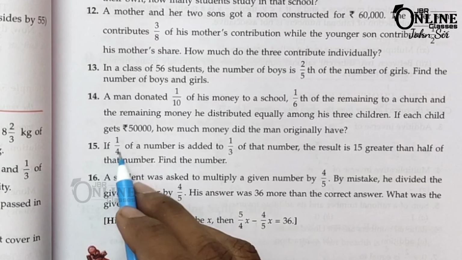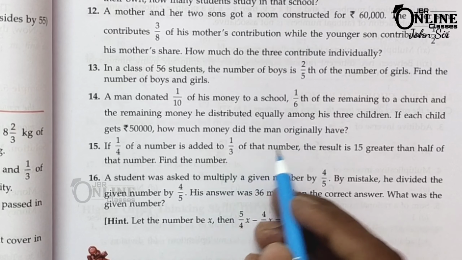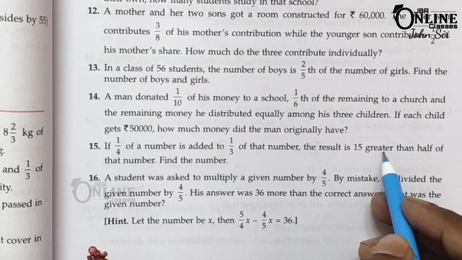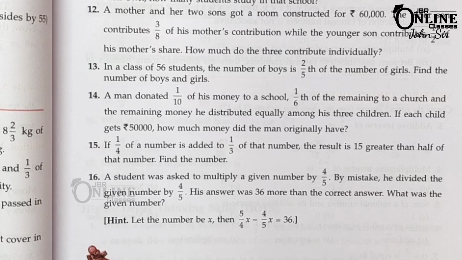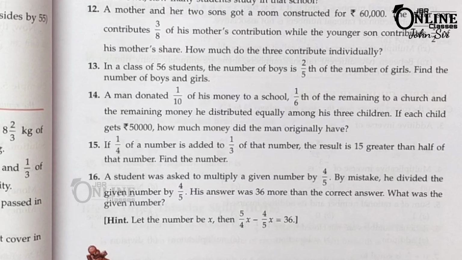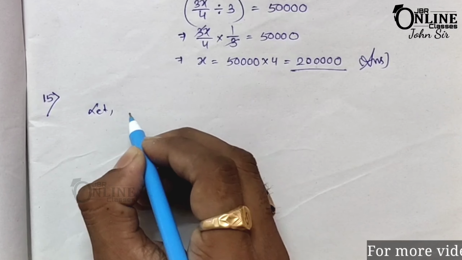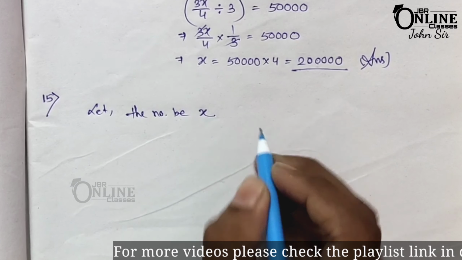Number 15. If 1 by 4 of a number is added to 1 by 3rd of that number, the result is 15 greater than half of the number, then find the number. Okay, so let the number be x.